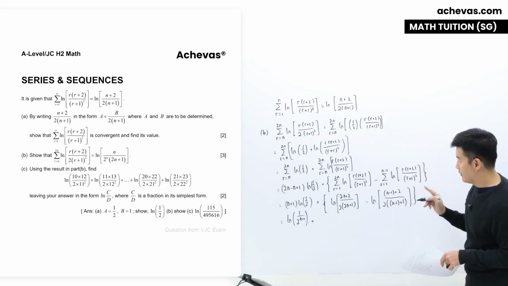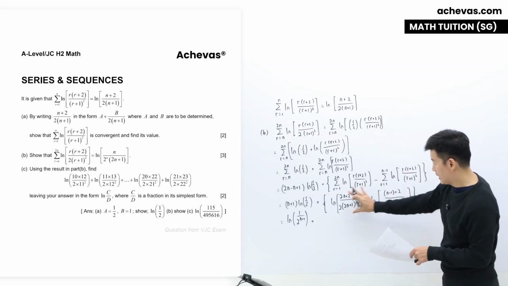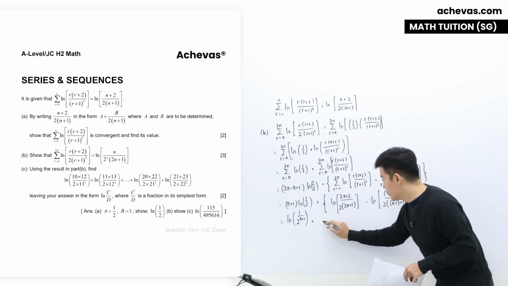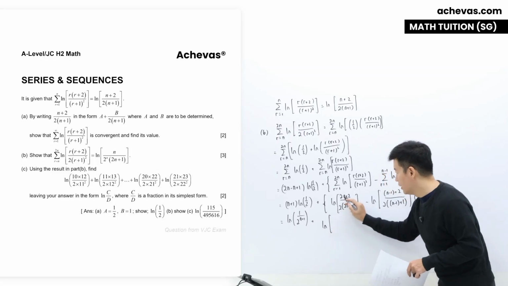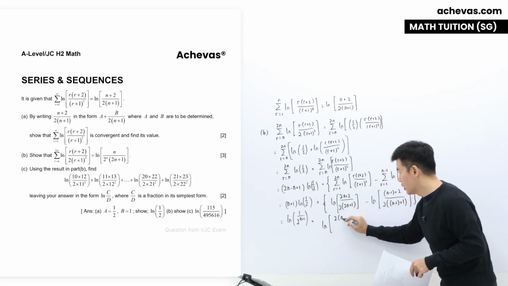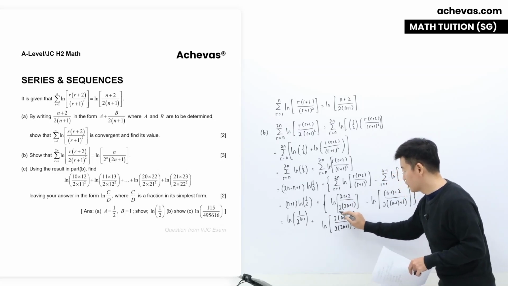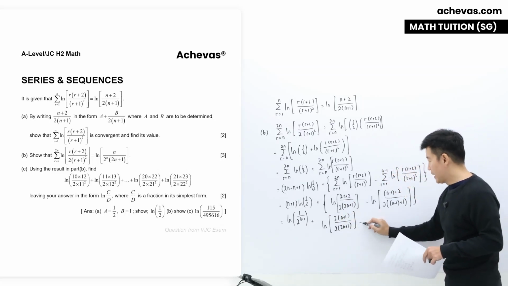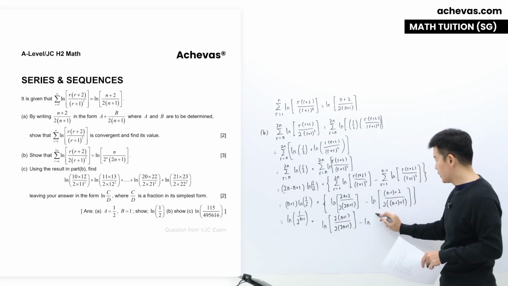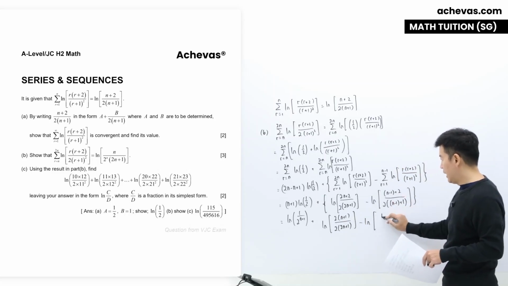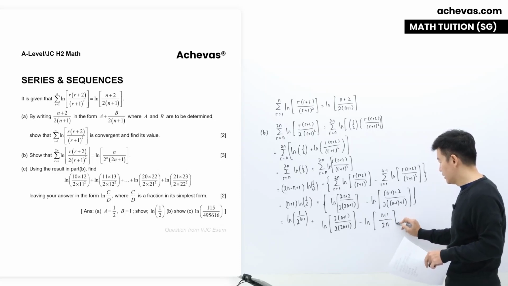Let me do a quick simplification before I combine these two together. So this will be ln of, I will write this as 2 of n plus 1 over 2n plus 1. Okay, so the 2 here can be cancelled. Minus away ln, here we will have n plus 1 over, this is just going to be 2n.